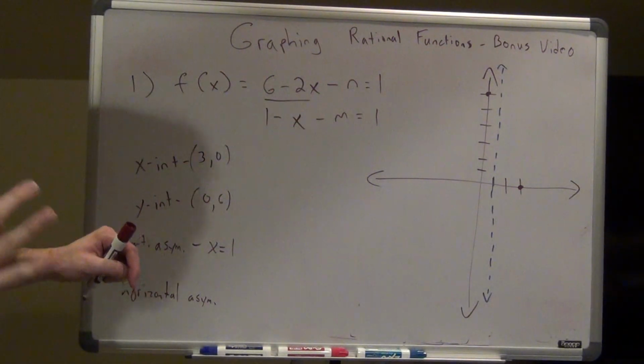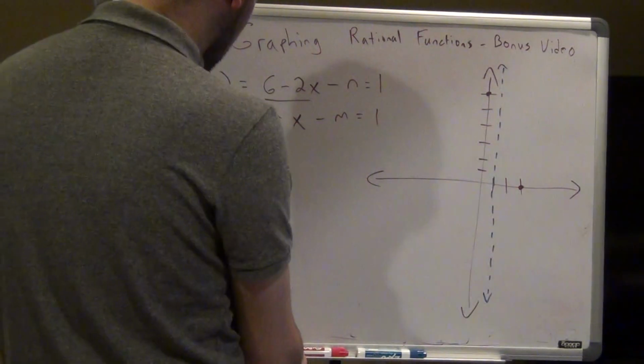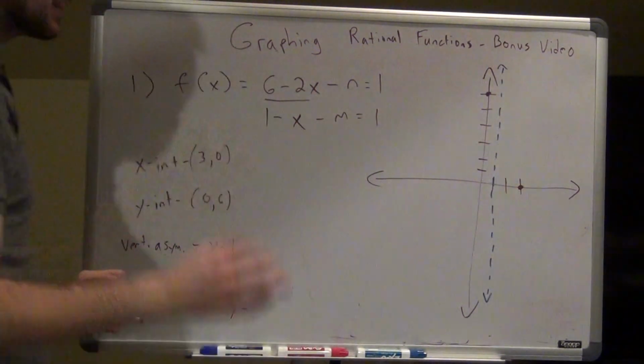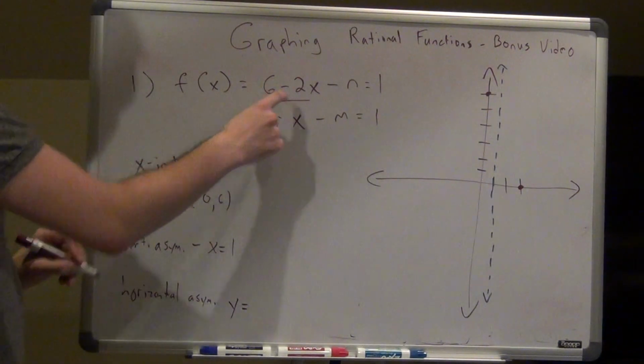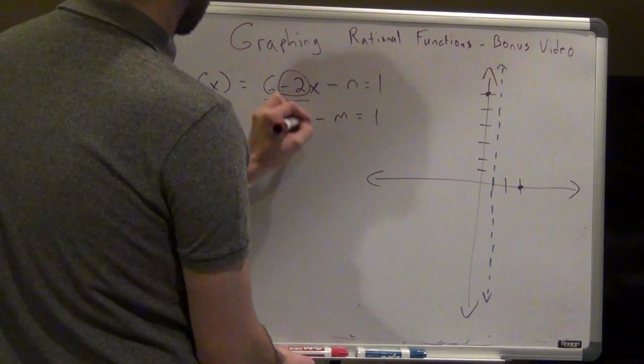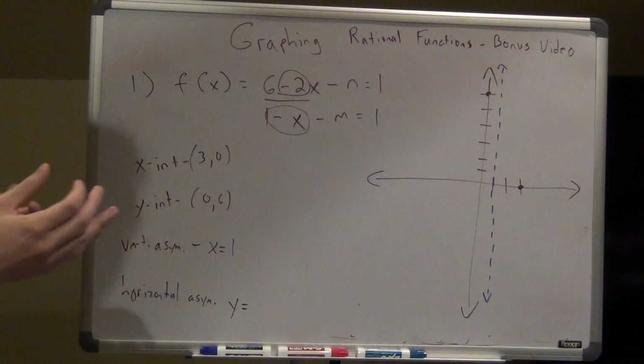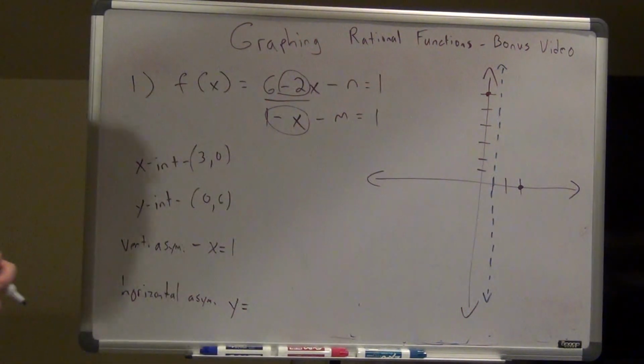Since n and m are equal, the horizontal asymptote is a y equals line. And the way I'm going to find it is, since they're equal, I'm going to use the numbers that are in front of the highest power of x. It's only because they're equal.